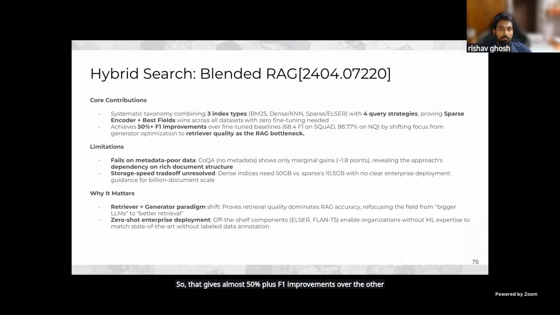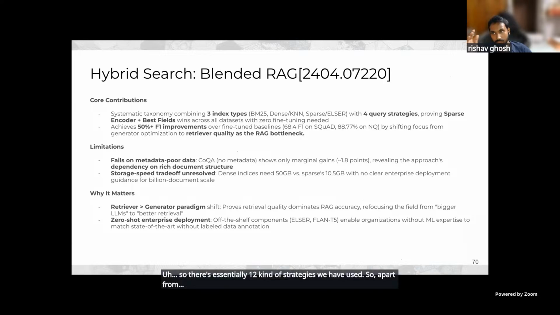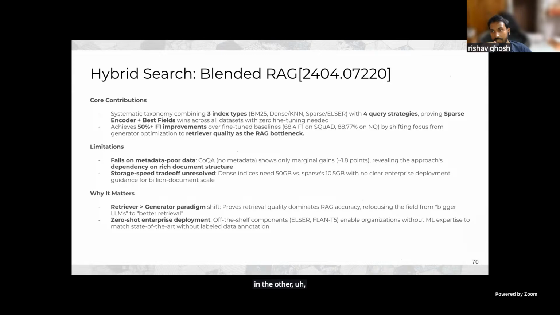So there's essentially 12 kind of strategies we have used. So apart from the other 11, this one really stands out. So essentially, if we can create the sparse encoders before the query process starts, it will really help if we use the sparse encoder plus best fields to give the best bang for buck for the RAG project that we're going to build.